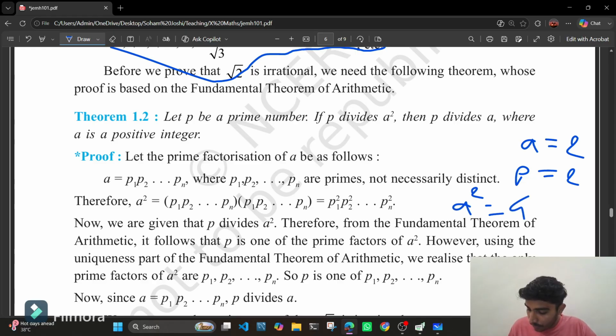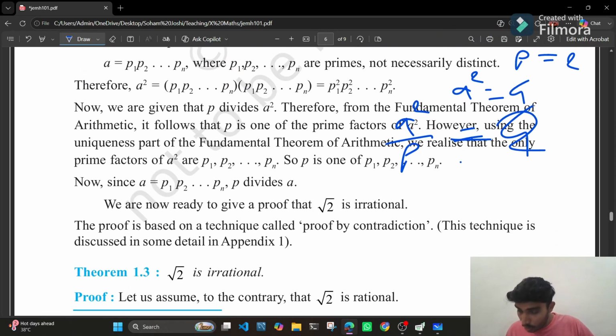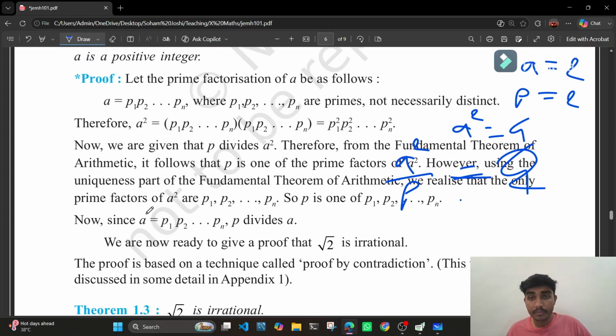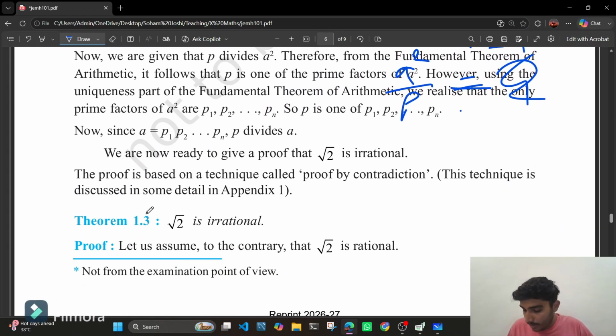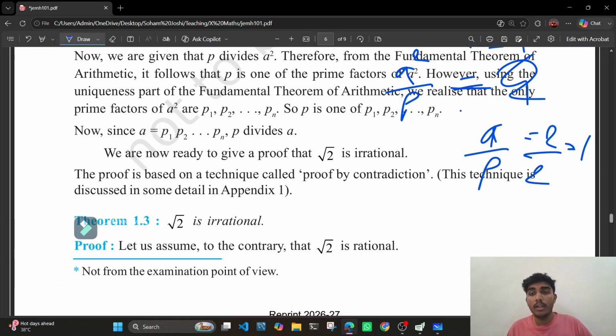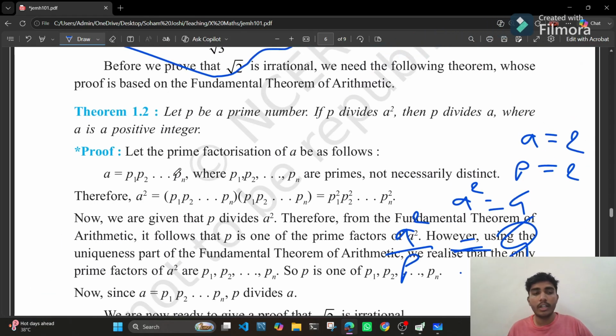A square is 4. Yes, p divides 4, because 4 by 2 is equal to 2. Sorry, my bad. So p divides a squared, then p divides a. Yes, if you write a upon p, then 2 upon 2, and we get the answer as 1. So this is what Theorem 1.2 states.